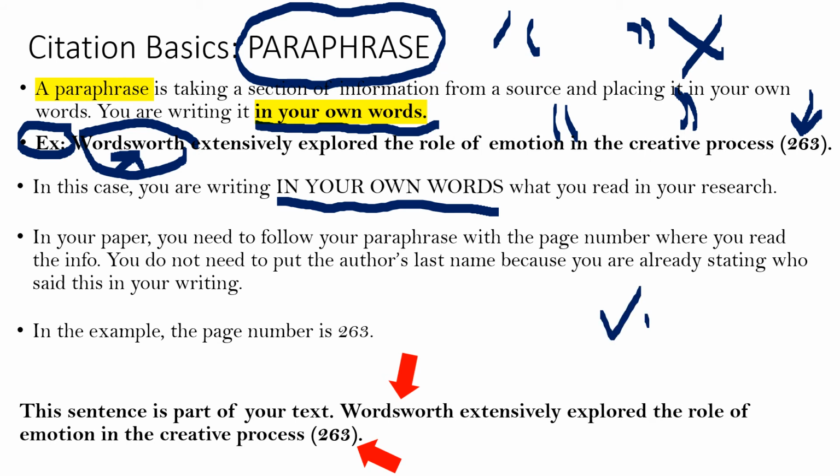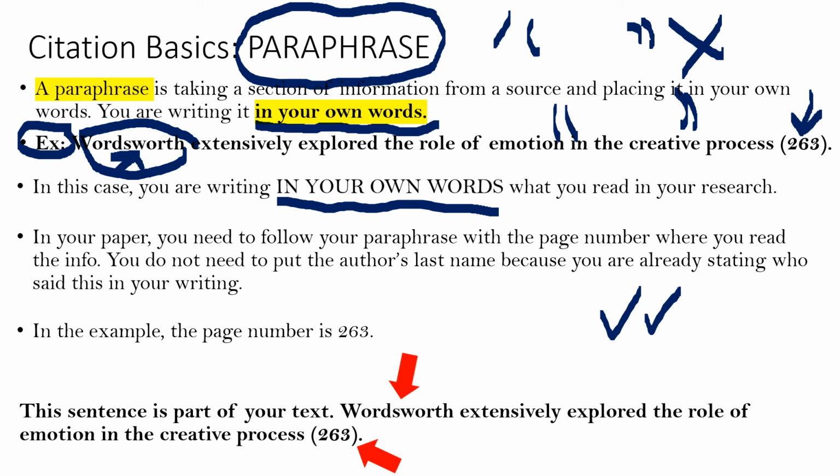This is going to be something you will be using a lot in your research paper. You don't have to use direct quotes. You're going to probably research something technical, maybe, or scientific, and you're going to have statistics, and you'll have to tell me where you got that info. And that would be with a paraphrase.